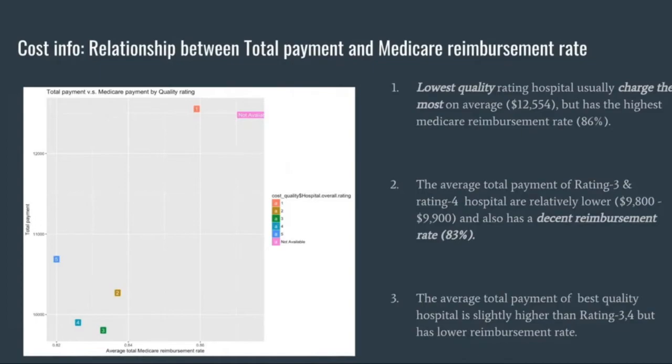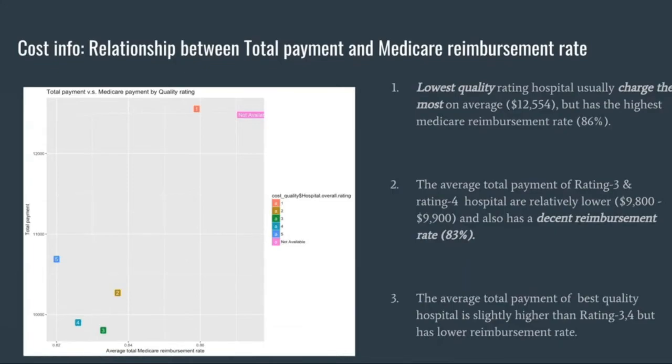And this is the relationship between total payment and Medicare reimbursement rate. I have three findings here. First, the lowest quality rating hospitals usually charge the most on average, but have the highest Medicare reimbursement rate.